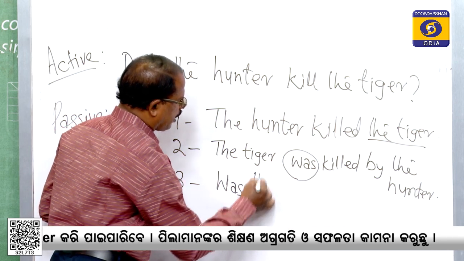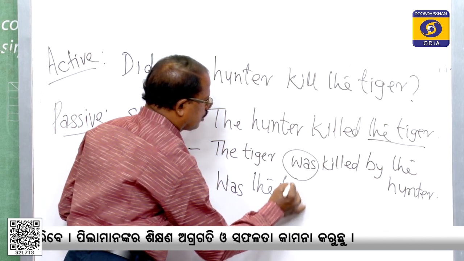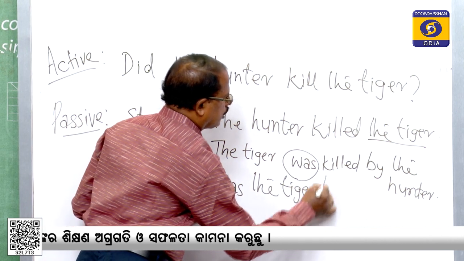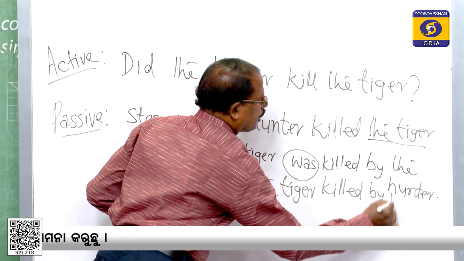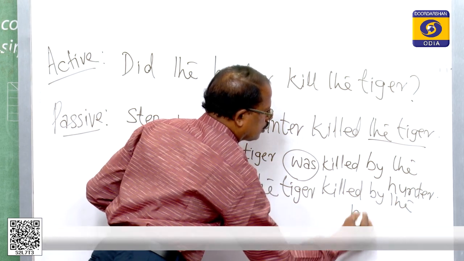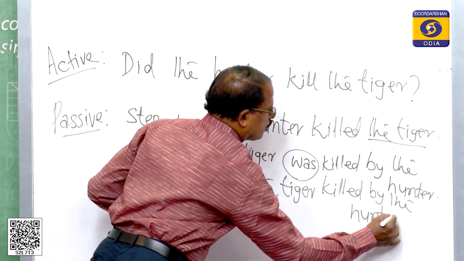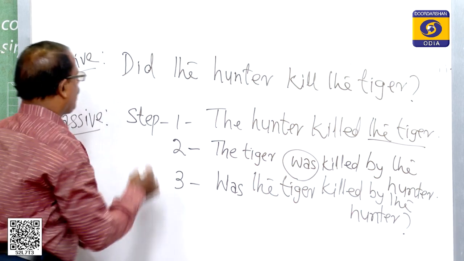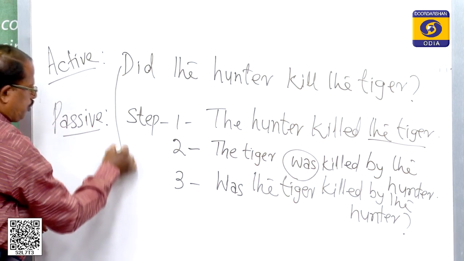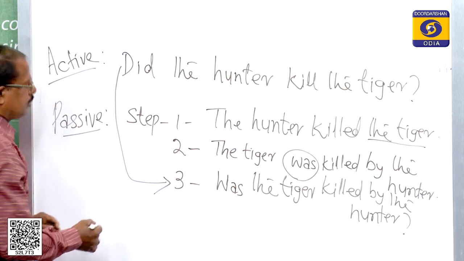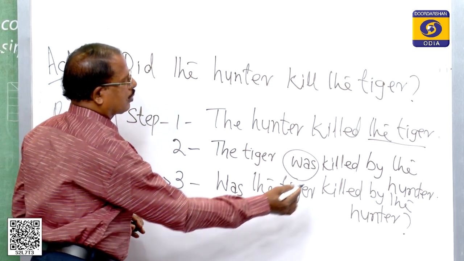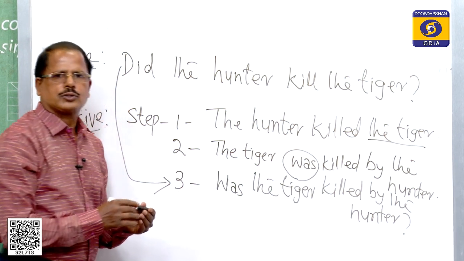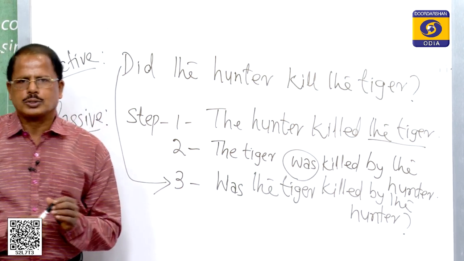Was the tiger killed by the hunter? Question mark. So, now the passive form of this sentence, the answer is, did the hunter kill the tiger? Was the tiger killed by the hunter? This is the answer. So, I think you understand this.